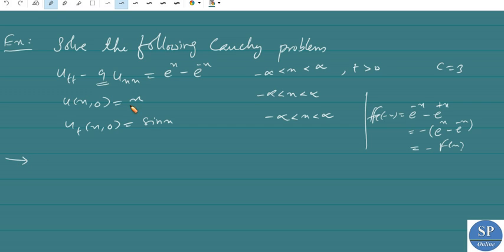Okay, so to solve this Cauchy problem, this is a non-homogeneous Cauchy problem of the non-homogeneous wave equation.